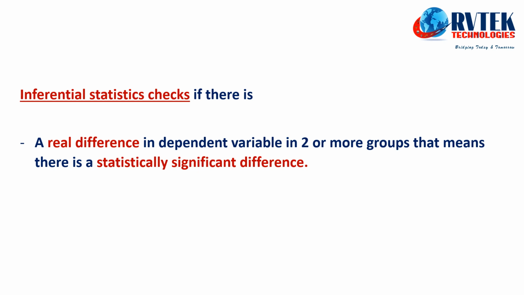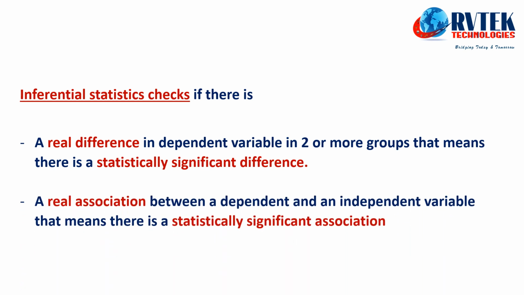Inferential statistics checks if there is a real difference in the dependent variable in two or more groups. That means if there is a statistically significant difference. Inferential statistics also checks if there is a real association between a dependent and an independent variable. That means there is a statistically significant association.